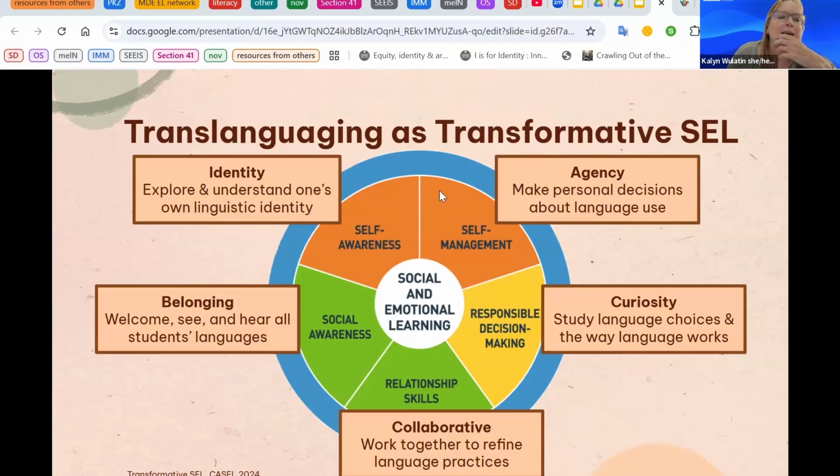So it's looking at agency as making personal decisions about language use, again, considering audience and purpose, right? Curiosity, studying the language choices and the way language works. I had the privilege of teaching in a dual language classroom, and I had a kindergarten student who had started as a monolingual English speaker who told me that California, we spell it wrong in English, that it really needed the enye because we say ña.